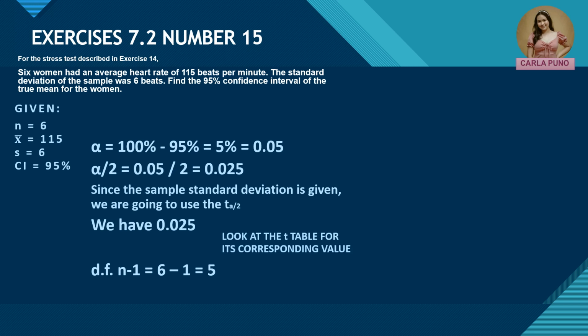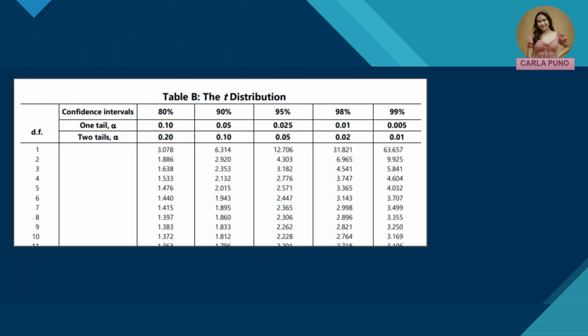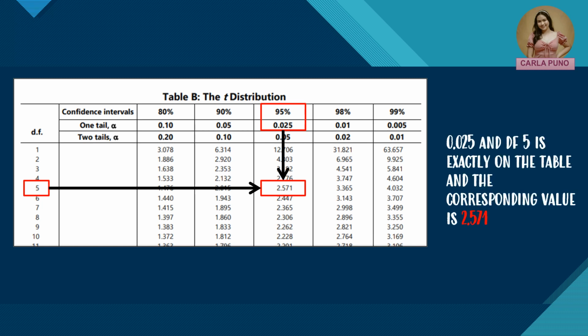And for these values, we are going to look for the corresponding value in our t-table. Our 0.025 and degree of freedom 5. 0.025 and degree of freedom 5 is exactly on the table, and the corresponding value is 2.571.